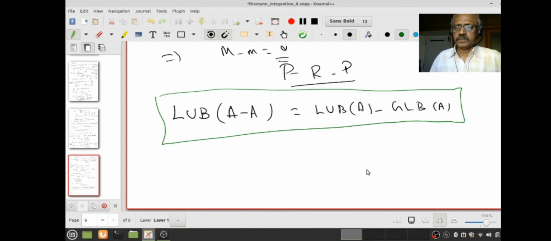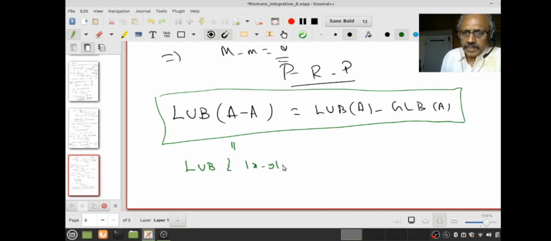Okay. I want to go one step further. Now I want to say LUB of this is same as LUB of mod x minus y as x and y vary over A. These two sets have the same value.